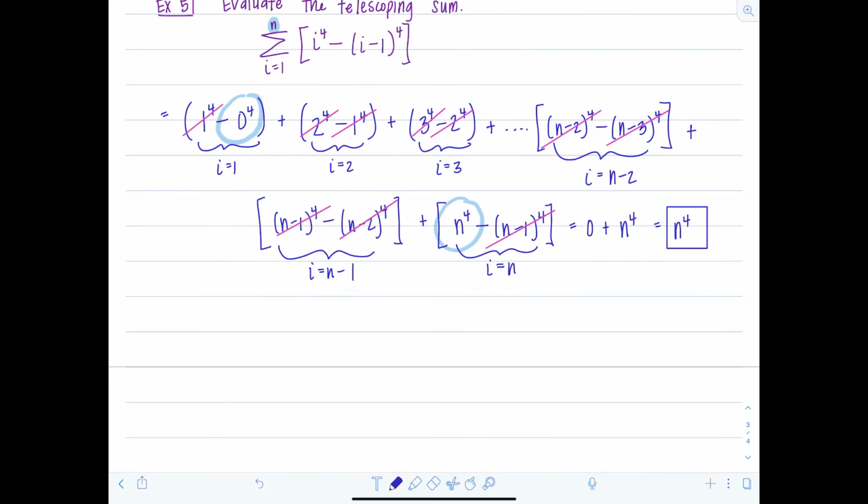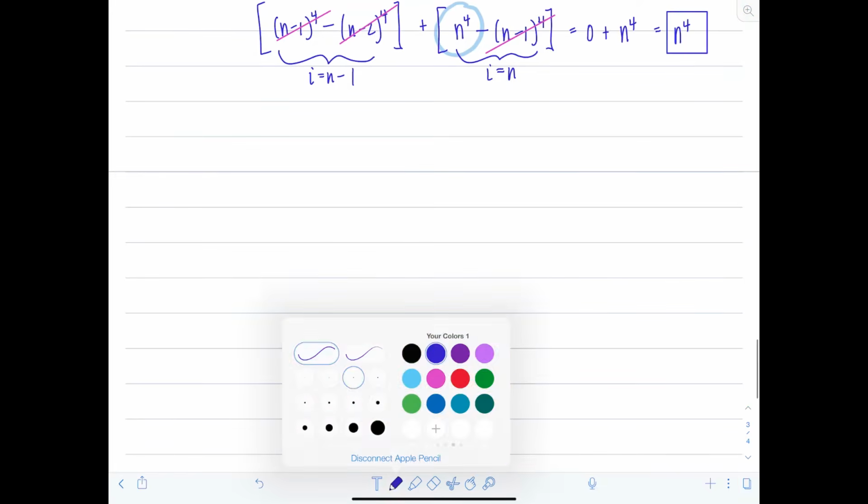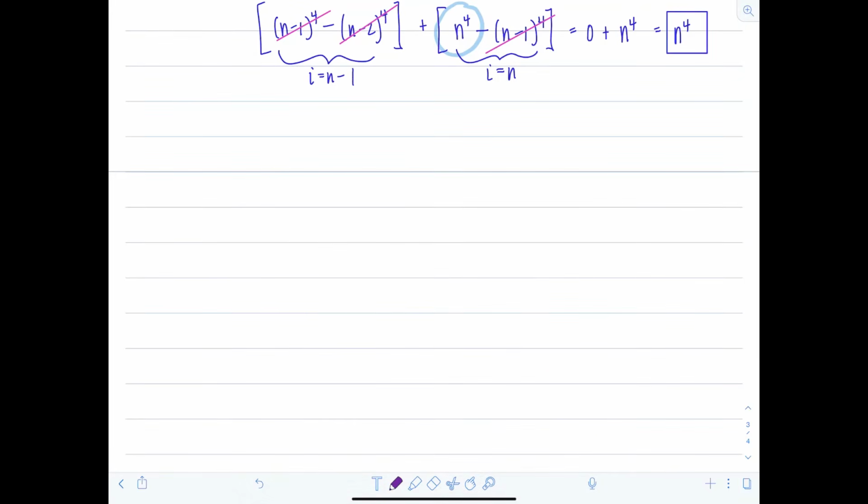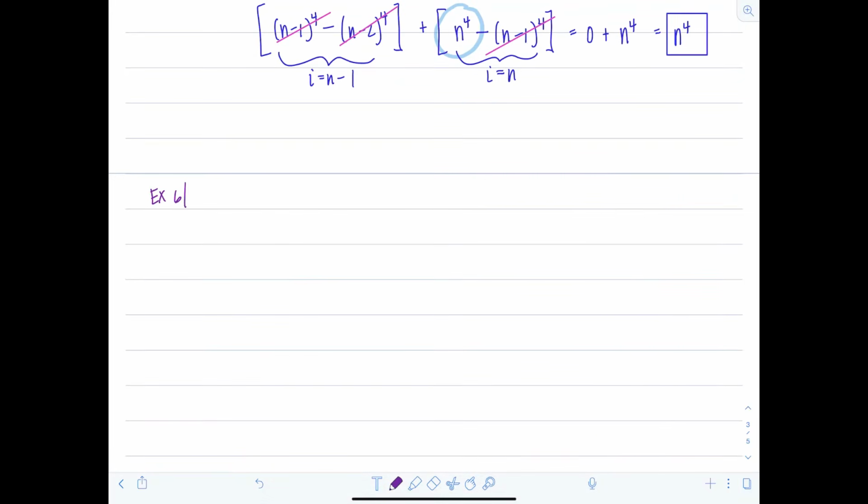All right, looks good. Let's work on another one. That was really fun. So example 6, another telescoping sum. Evaluate the telescoping sum.